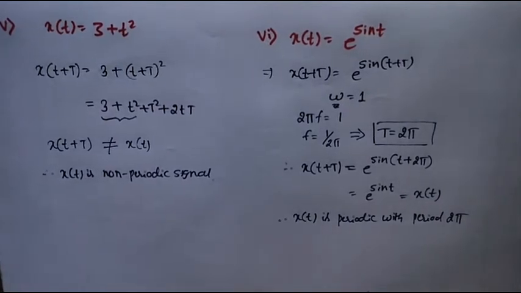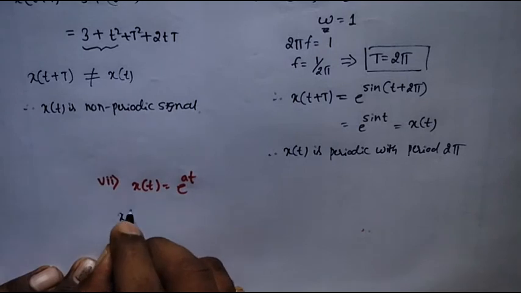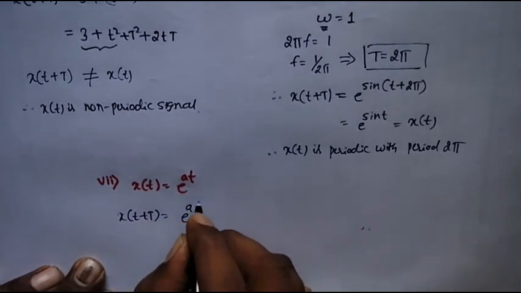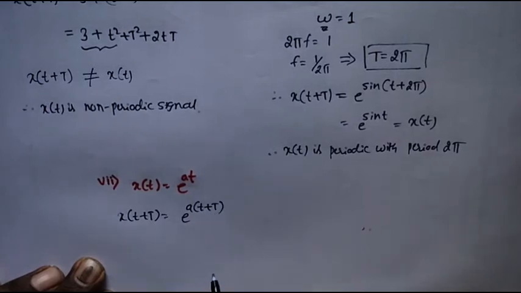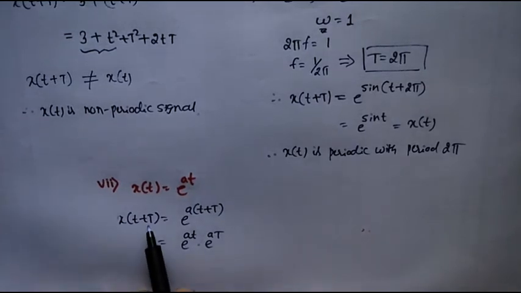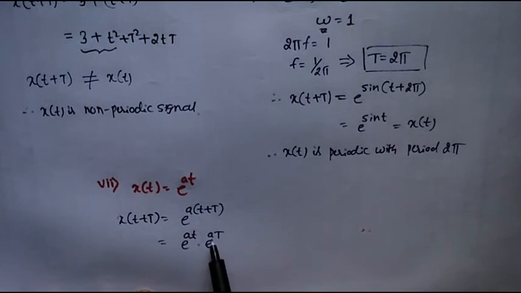We'll consider another example. We calculate first x of t plus T, which is equal to e power a t plus T. It can be represented as e power at dot e power a into T. So here we can observe that x of t plus T will be equal to x of t if a or T is equal to 0.